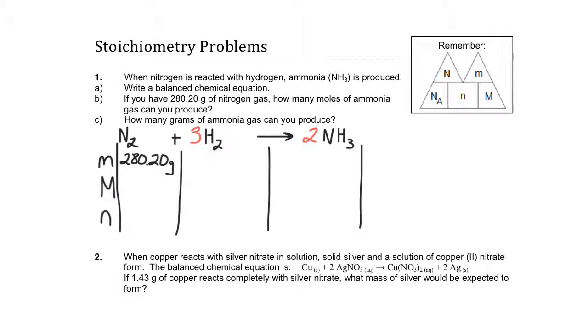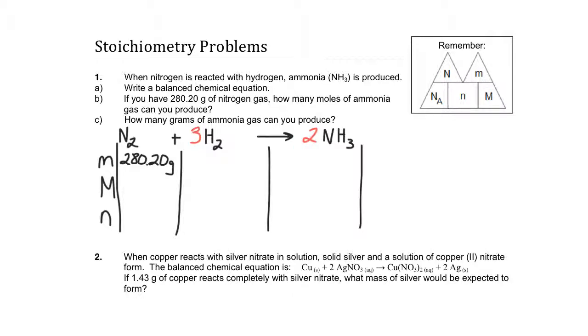However, I can figure out molar mass using my periodic table. So if I want to figure out the amount of ammonia produced, my process is going to be figure out the number of moles of nitrogen, use the molar ratio. There's a 1:2 ratio of nitrogen to ammonia.